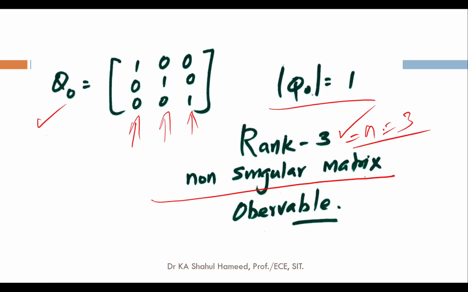We substituted the values of these matrices in the composite matrices for observability and controllability, and determined the rank of the composite matrices. From that we concluded that this particular system is completely controllable as well as observable.